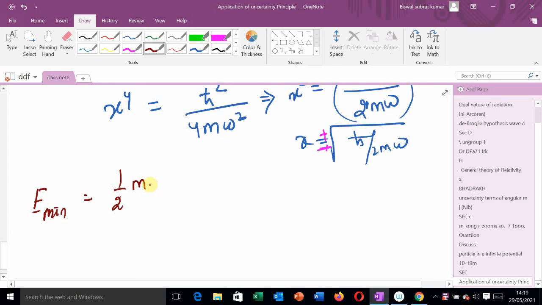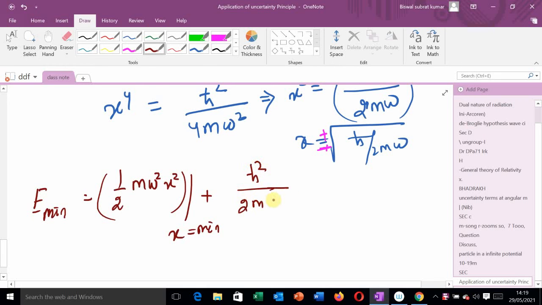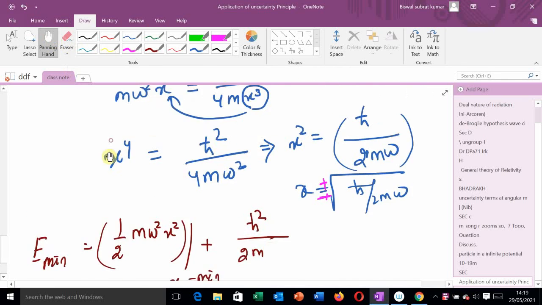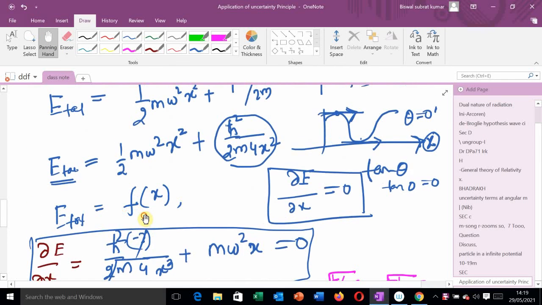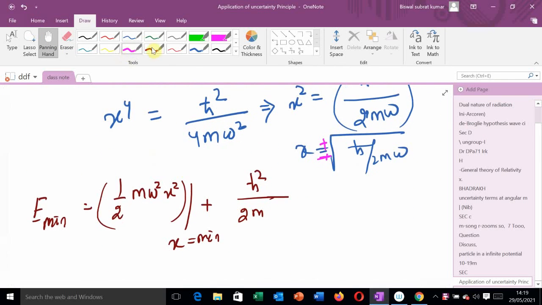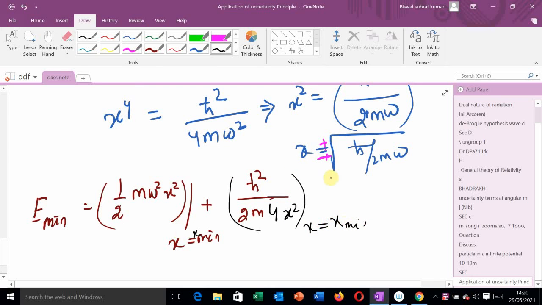half m omega square x square at x minimum, plus h cross square over 2m 4x square, at x equal to x minimum. x minimum is here.